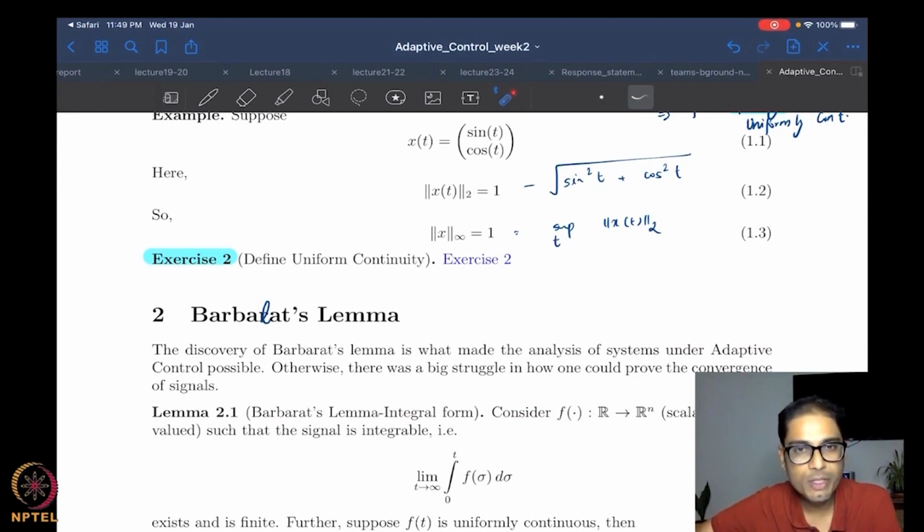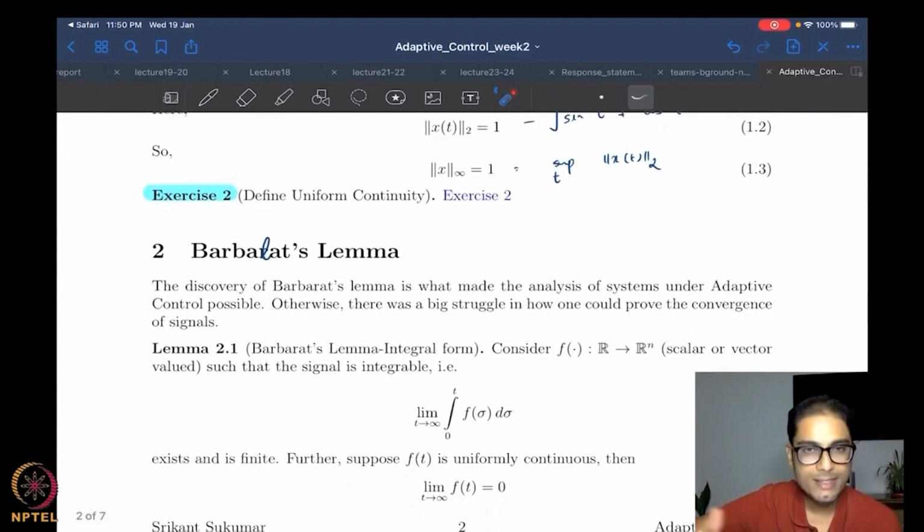However, there was no way to prove convergence. And you should understand what these words mean by now. So Barbalat's lemma is what enabled adaptive control as a field to move ahead, and adaptive control evolved only because of the advent of Barbalat's lemma, I might say.